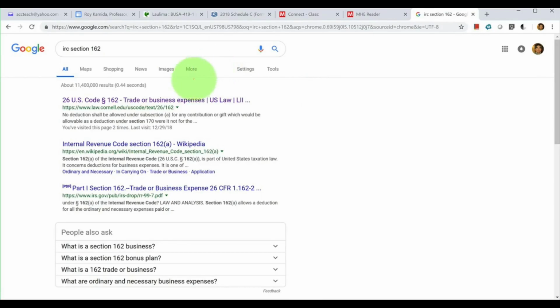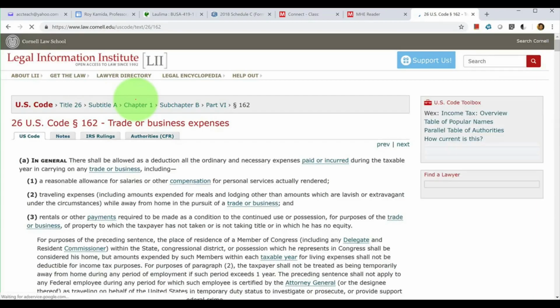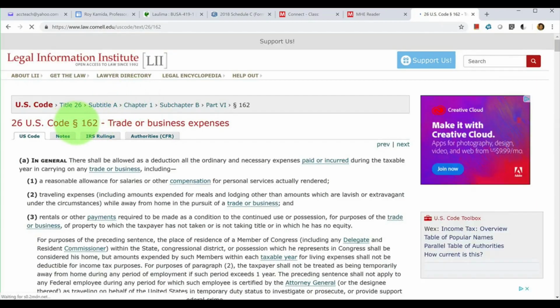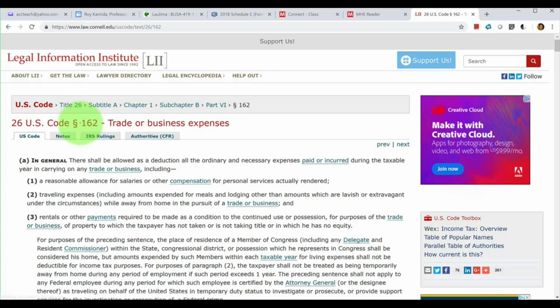The site that has the Internal Revenue Code is not necessarily the government, but here Cornell University's law school. And they organize tax laws by code number, section number. See this symbol right here? This is section. So tax professionals don't have to say the term trade or business expenses. They just say section 162. And here's that ordinary and necessary terminology.